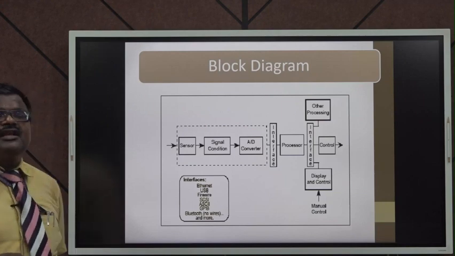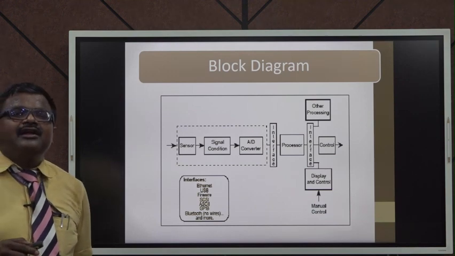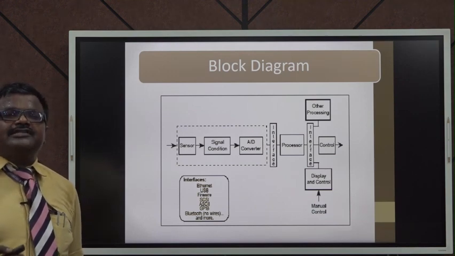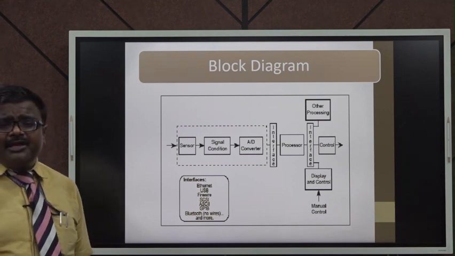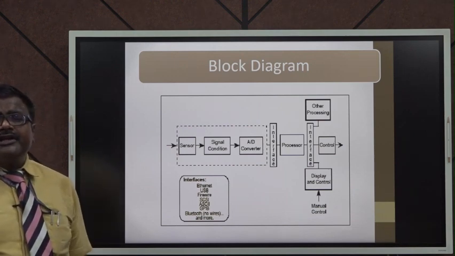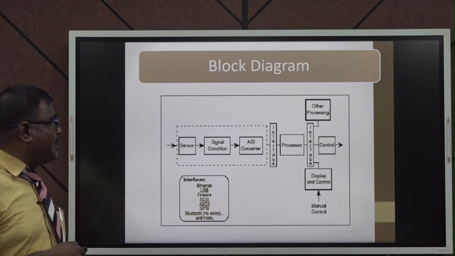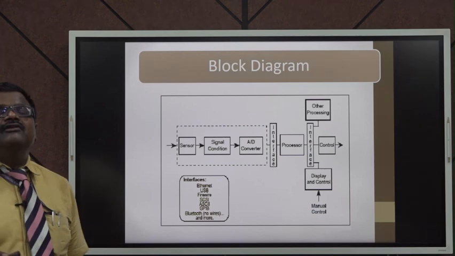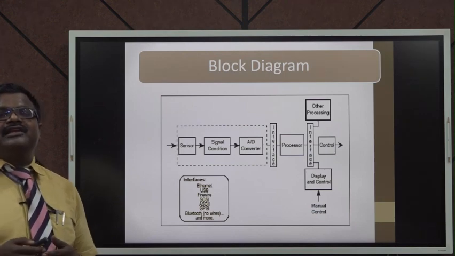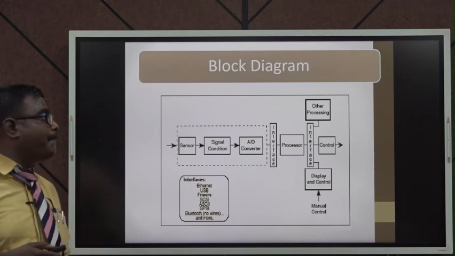Next comes the signal conditioning unit, where the signal is converted into a definite form. The sensor will sense the signal, which may be in an irregular form, and it will be converted into a definite form of signal. Then the signal will be converted into a digital form, which is now very essential in order to have good accuracy.